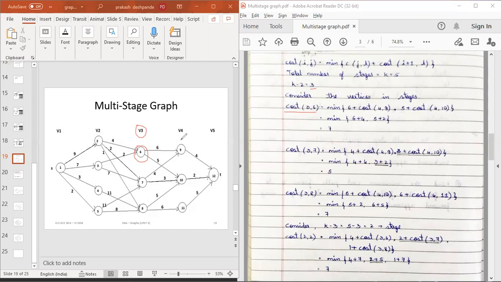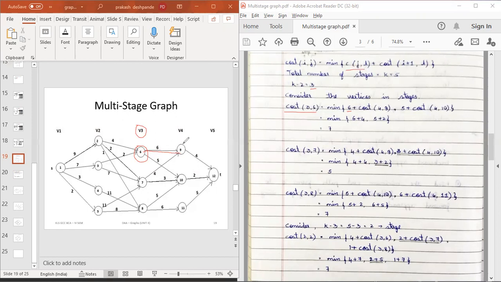C of JL means from this vertex to the next vertex in the next stage, the edge cost is 6. So that is CJL, which we get as 6 here, plus the cost of this particular vertex. Basically, this vertex is 9 here.